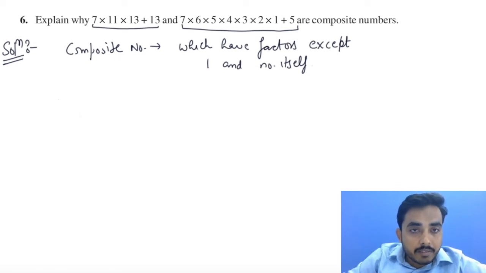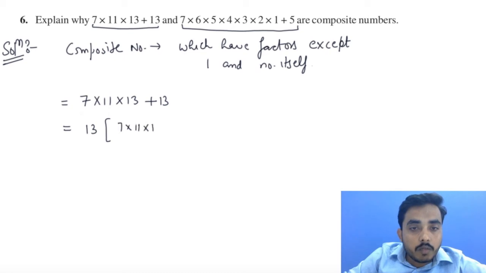Okay, prime factors. So this is 7 into 11 into 13 plus 13. From both terms we take 13 common. So this is 7 into 11 into 1 plus 1, that is 13 times (7 into 11 is 77, into 1, 77 plus 1 is 78).